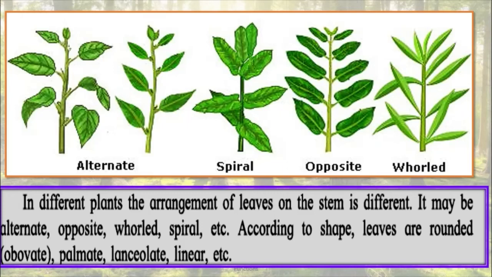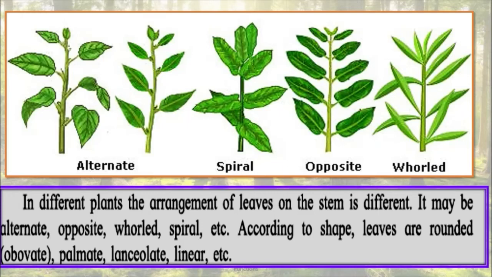It may be alternate, like here in the first picture you can see at one node only one leaf, whereas in the spiral you see two leaves arranged at one node, and on the upper node you will see they are arranged in a spiral way.